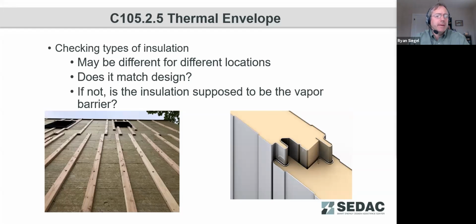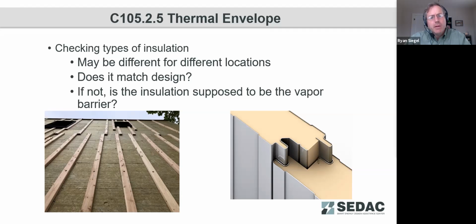So things that we're checking for is types of insulation. It's again not uncommon where you may end up with different products in different locations. So on the exterior, you may end up with insulated metal panels, and a batt product on the interior, or a rock wool on the roof, or something of the like.